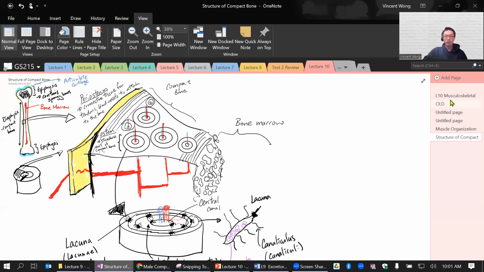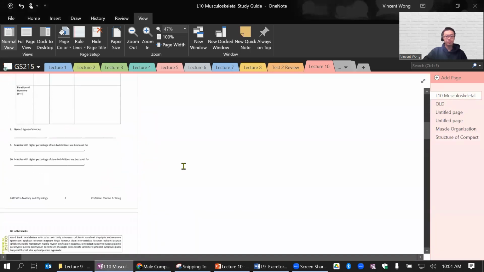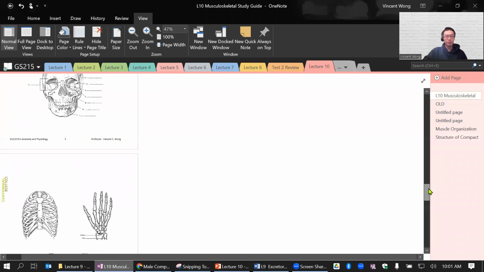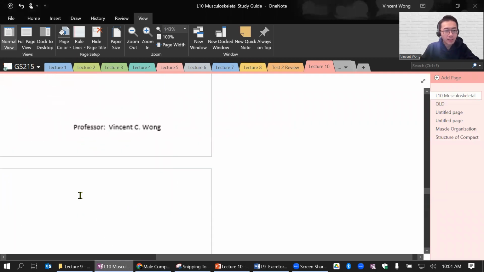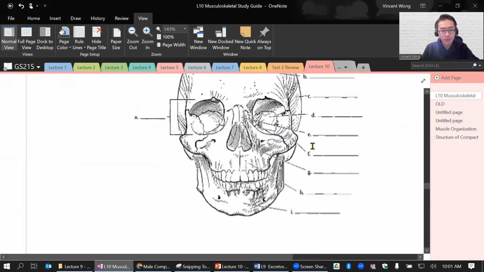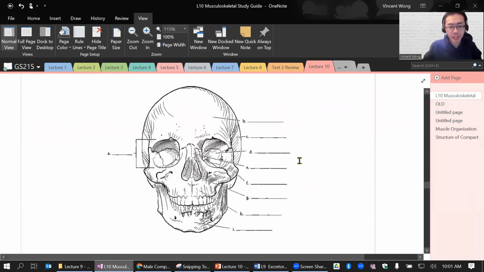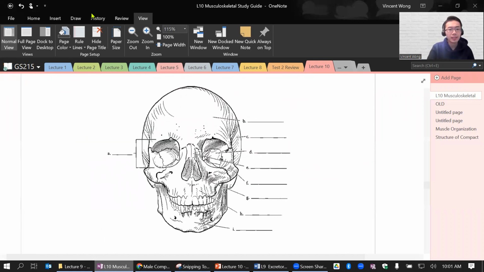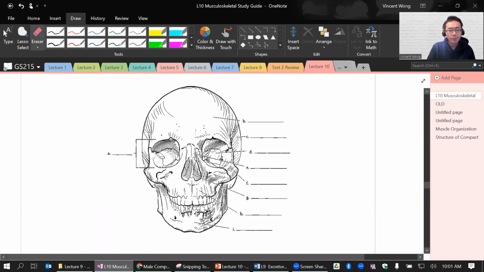Let's label some of these to help you. This is our lovely diagram. So A is pointing at the orbit, O-R-B-I-T, orbit, which again is just the eye socket.